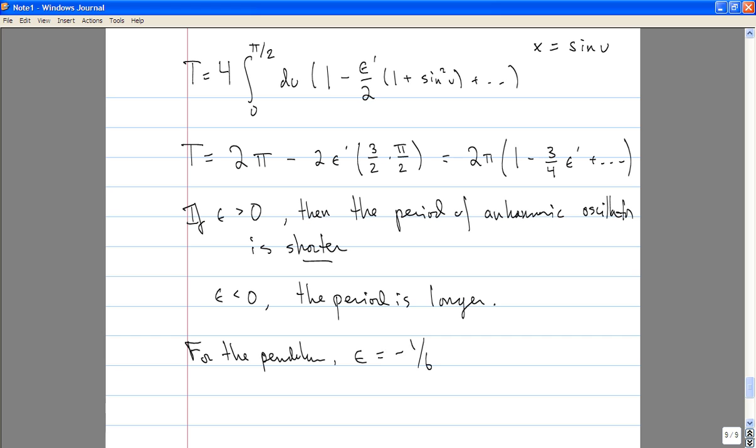And so the period of the pendulum is 2 pi over omega, which is the normal period of a simple harmonic oscillator, now restoring the factor of omega that I had set equal to 1, times 1 plus, so epsilon prime included the value of the amplitude of the oscillation, so the maximum value of the angle squared over 16, and of course with a minus sign, plus higher order terms.